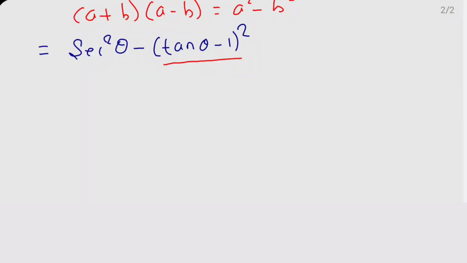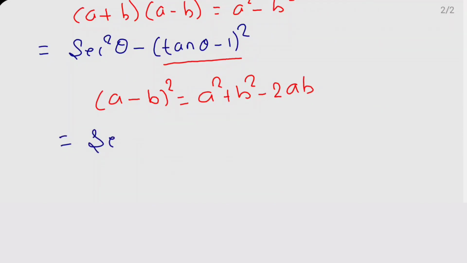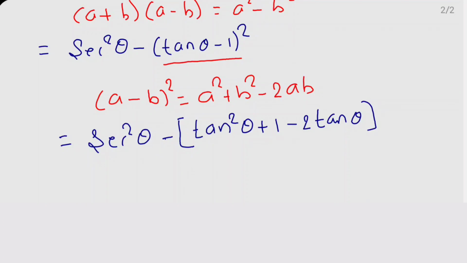And now here, see (tan theta - 1) whole square. It is in the form of (A - B) whole square, and its expanded form is A square plus B square minus 2AB. So now we get sec square theta as it is minus, in a bracket, A square means tan square theta plus B square means 1 square is 1, and minus 2AB, 2 tan theta, bracket complete.